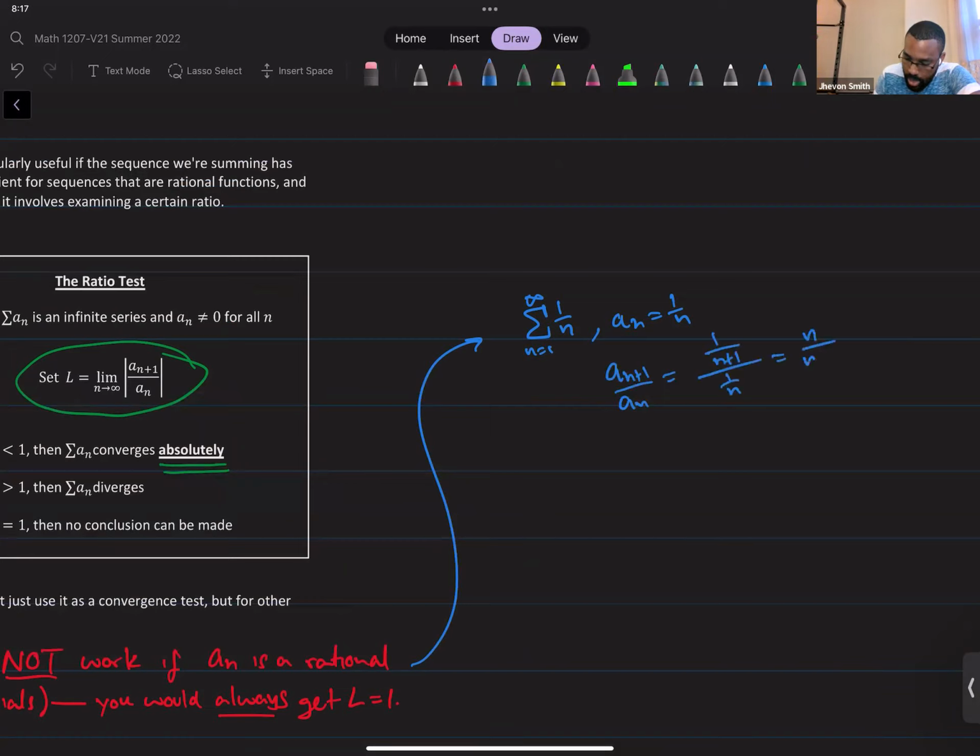That's going to be n over (n plus 1). And so that would approach 1, because the highest degree in the numerator and denominator is 1, so it goes to the ratio of leading coefficients. In this case, you get L equals 1. All right, we know this diverges.